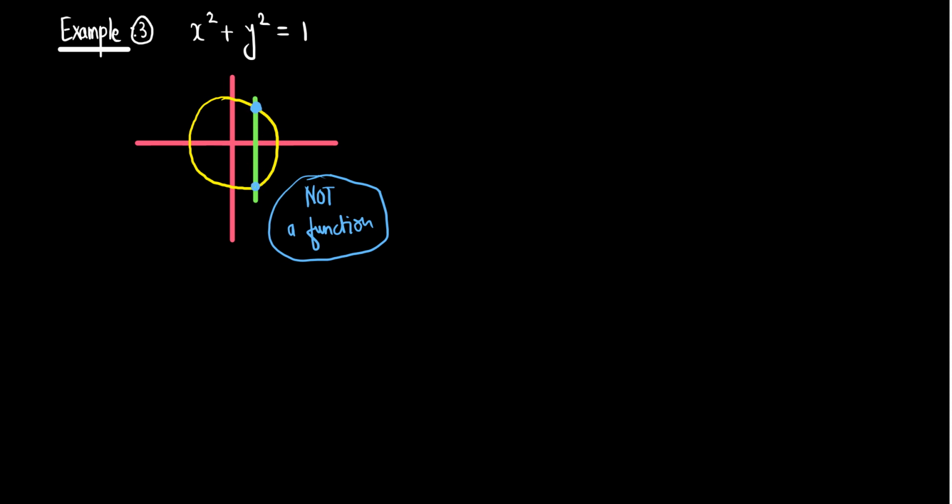If it does, it is not a function. A function allows cutting of this vertical line only once. Therefore, this equation is not a signal. It is simply a plot. It is simply a graph.